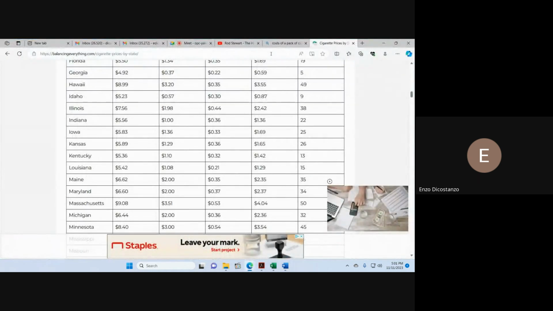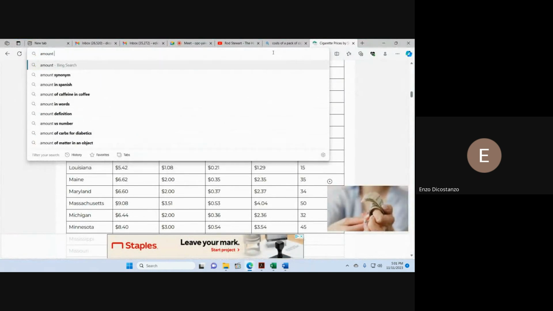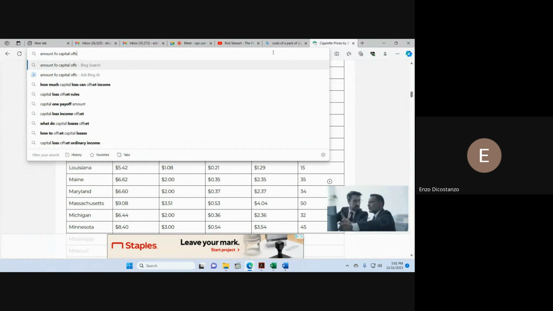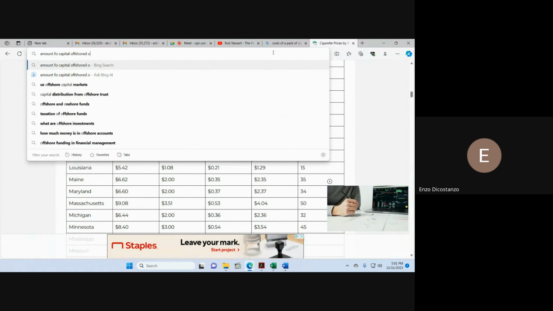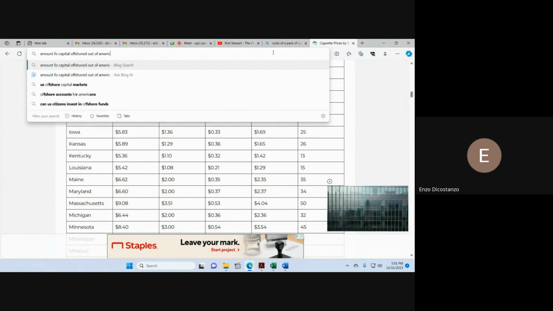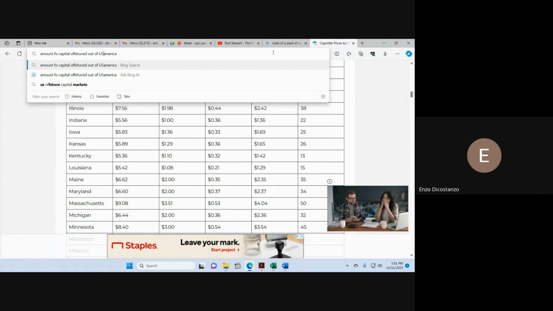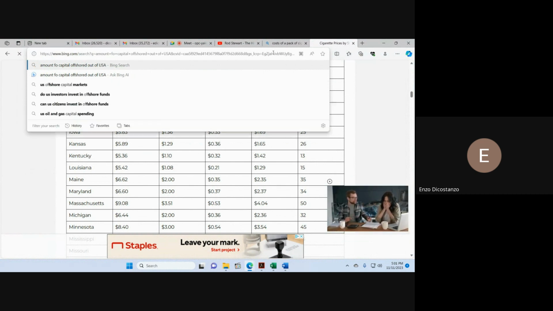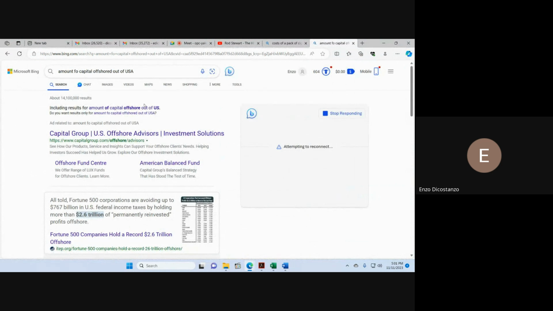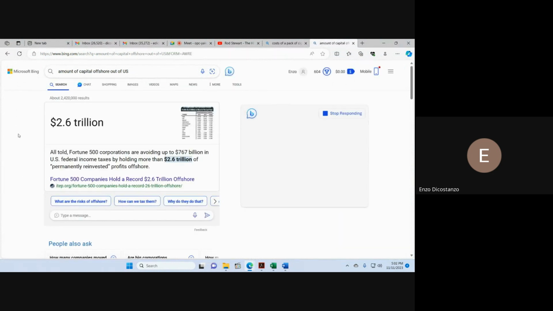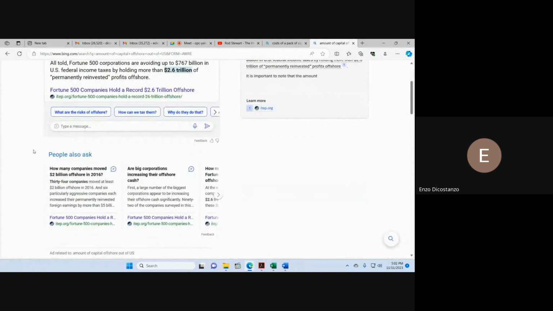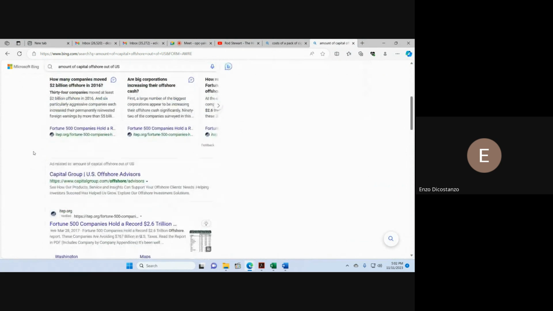And also, let's see, the amount of capital offshored out of the USA. That's a big number. So it's a fortune. I said 2.6 trillion. Wow. That's one hell of a number.